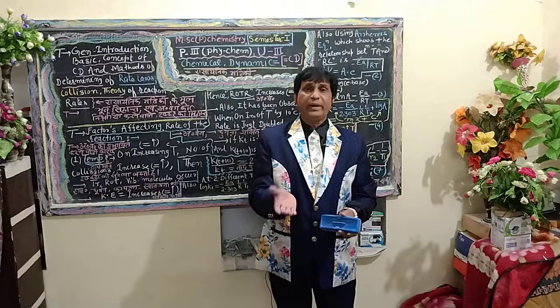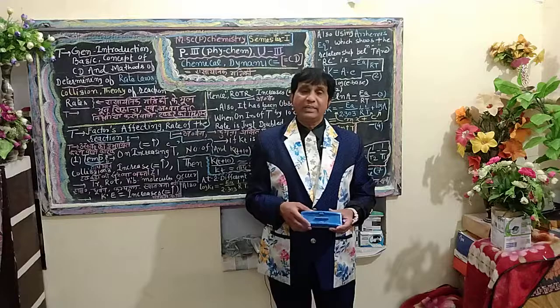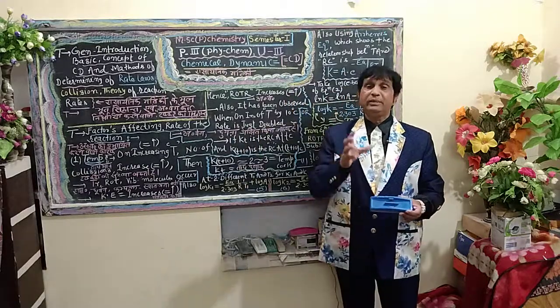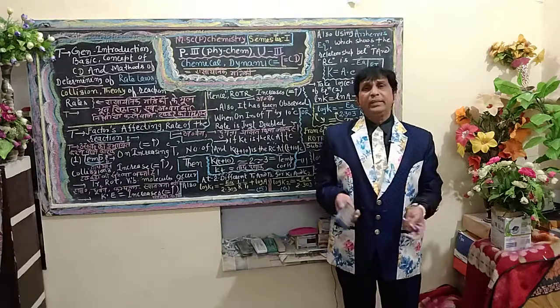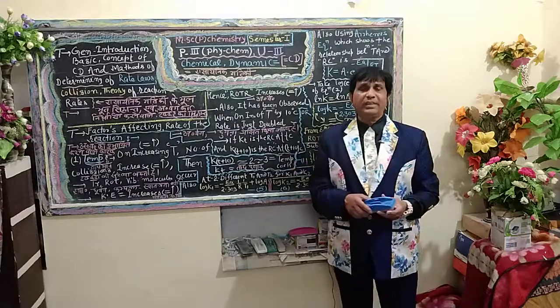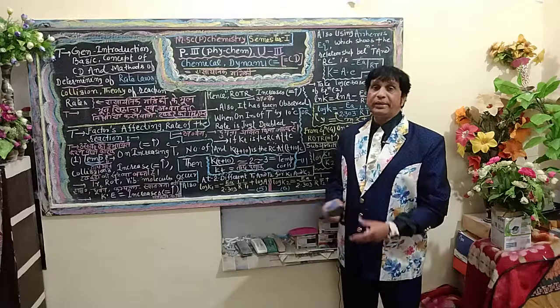While in the case of reactions in which all the reactants and products are present in gaseous state, it becomes essential to know the exact velocity of the reaction for such reactions.